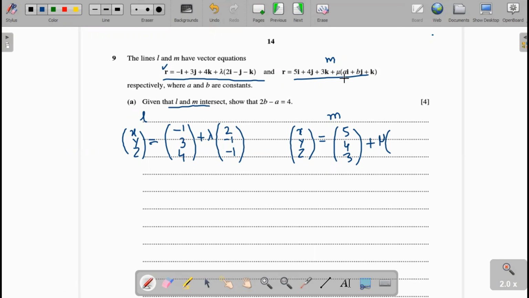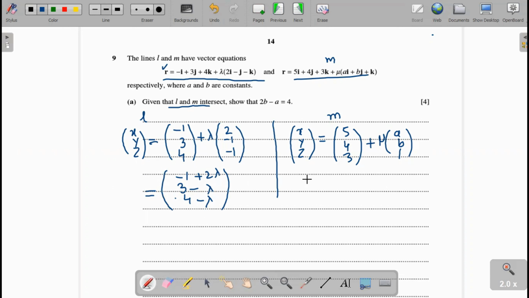Now this equation can be written as minus 1 plus 2 lambda, 3 minus lambda, and 4 minus lambda.